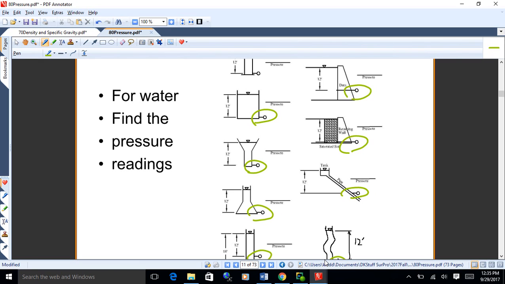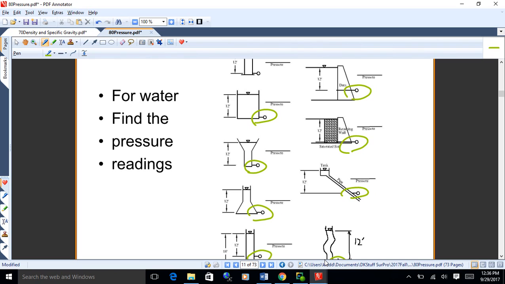The conversion goes from feet to PSI directly, so you don't have to change the feet into inches. Feet times 0.433 will get you the number in PSI. That 0.433 takes care of all the unit changes you need to concern yourself with. It does it for you.